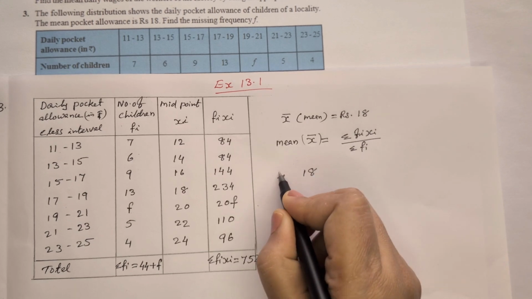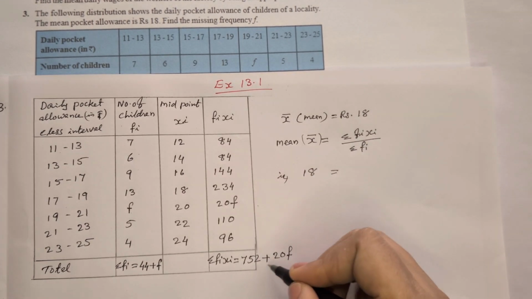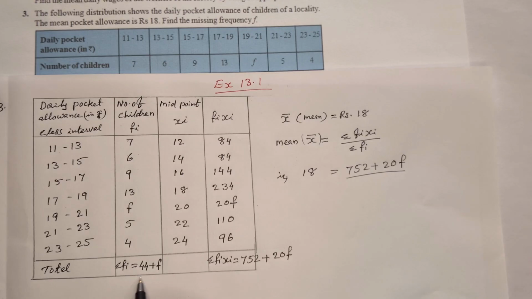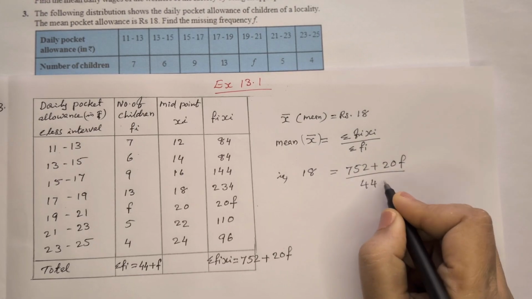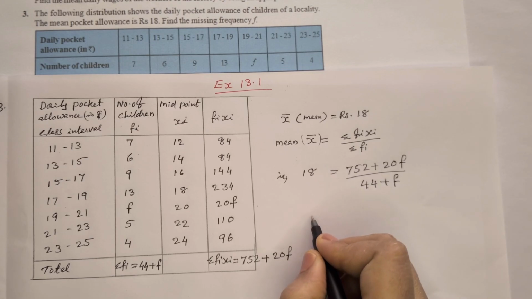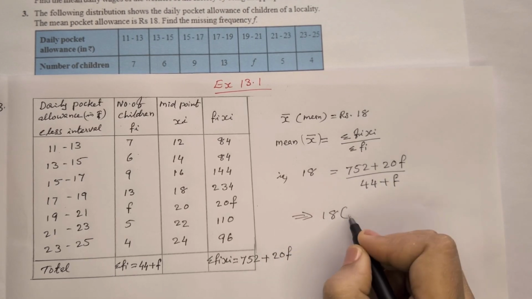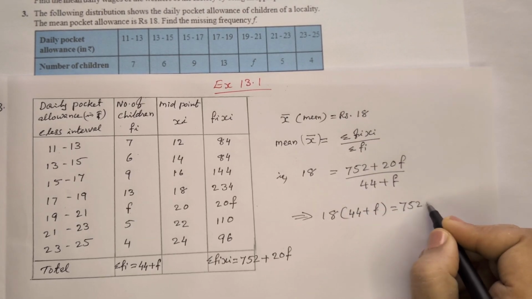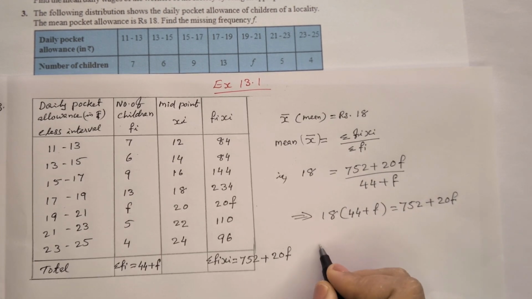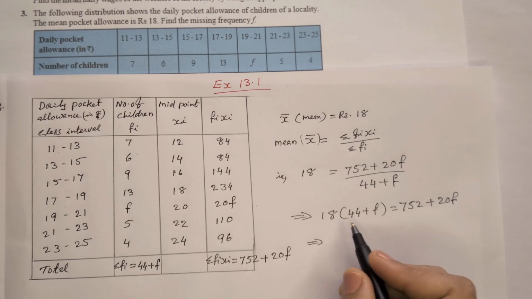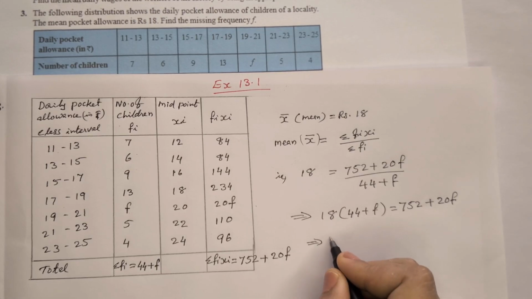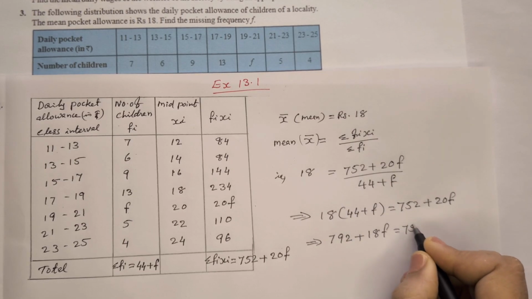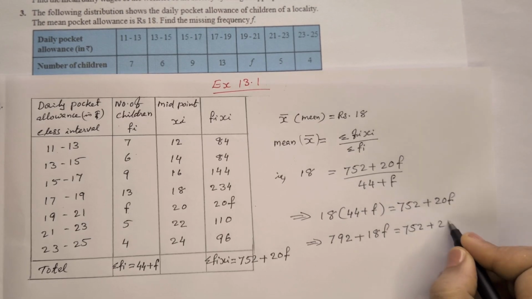We can write 18 is equal to sigma Fi Xi, that is 752 plus 20F, divided by sigma Fi, which is 44 plus F. Cross multiply. 18 into the denominator 44 plus F is equal to 752 plus 20F, which implies opening the bracket, 18 into 44 is 792, plus 18F is equal to 752 plus 20F.